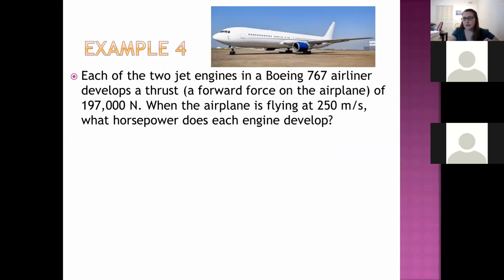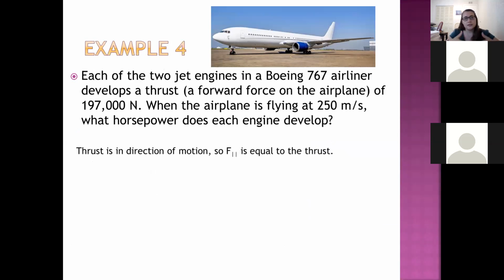Okay. So example 4: each of the two jet engines in a Boeing 767 airliner develops a thrust, a forward force on the airplane, of 197,000 newtons. When the airplane is flying at 250 meters per second, what horsepower does each engine develop?